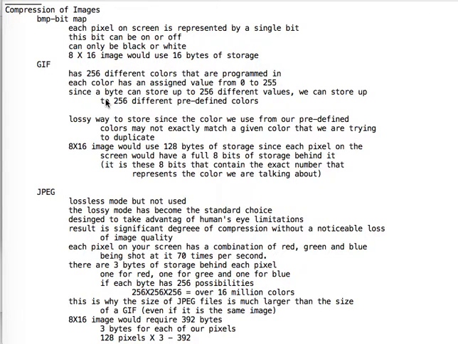As a GIF, if we save the same black and white image, it's going to take up 128 bytes of storage. And if I save the same black and white image as a JPEG, it's going to take up 392, because now each one of those 128 pixels needs 3 full bytes behind it, 1 byte for red, 1 for green, 1 for blue, to allow it to store over 16 million colors.